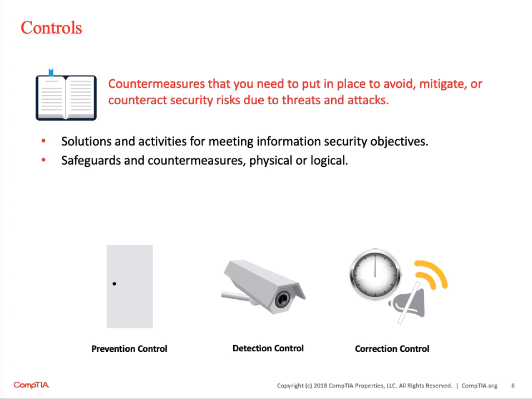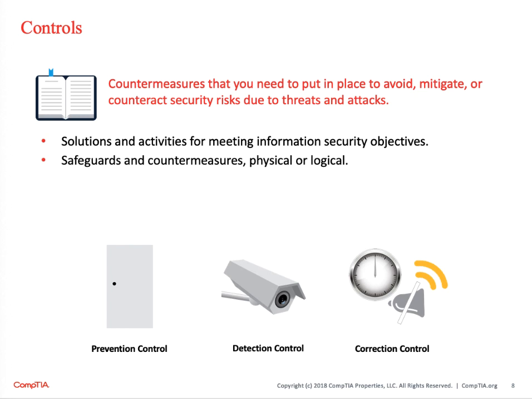So this is helping us know, did somebody hack into our system? So an example of this would be, we have cameras around a building, right? And we see that somebody's walking around our building at 3 a.m. That's a detection.